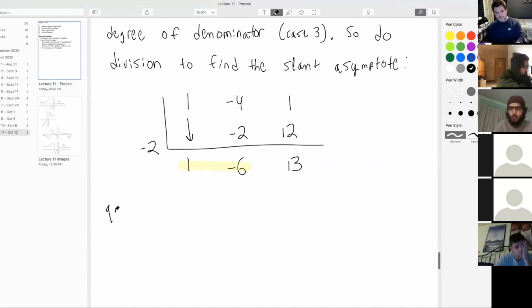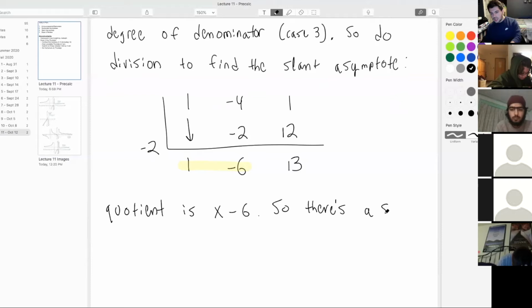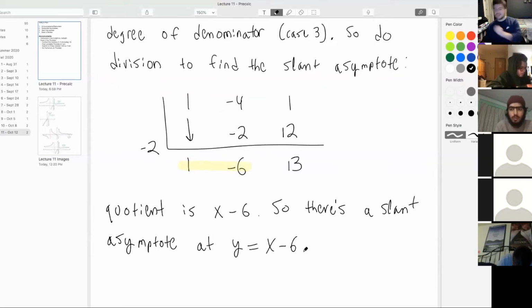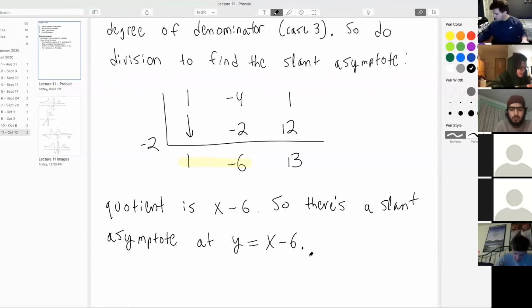So the quotient here, I think you guys will agree, is x minus 6. Nice. Okay, so there's a slant asymptote right there at y equals x minus 6. Okay, very cool. And that's it for that one.